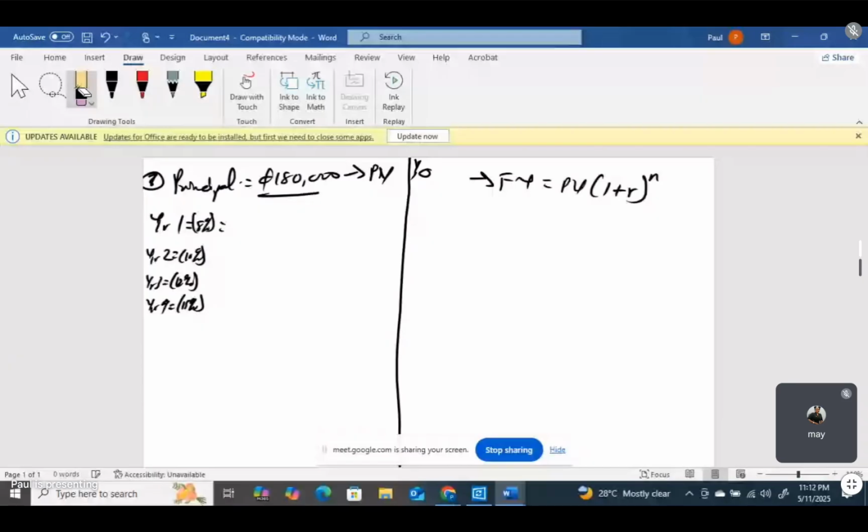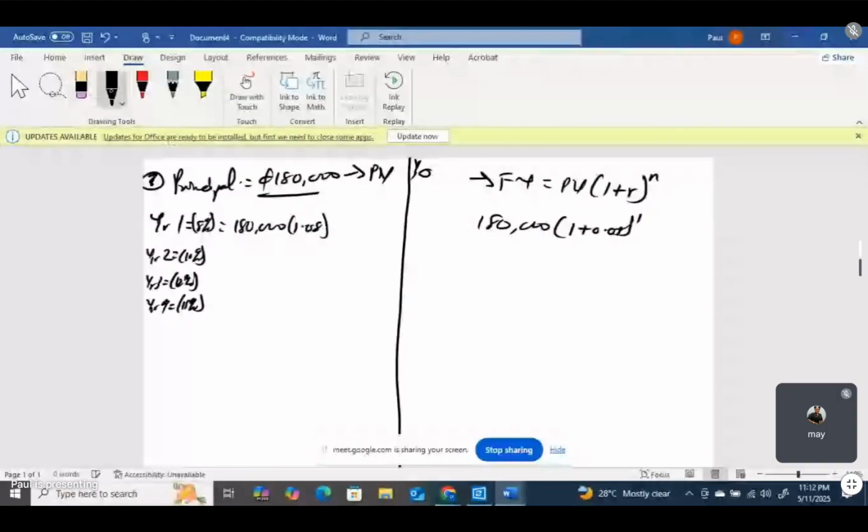So year one, he is supposed to pay 180,000 times brackets 1 plus 0.08, that's 8%, to the power 1. So year one becomes 180,000 brackets 1.08 to the power 1, and that will give us what?